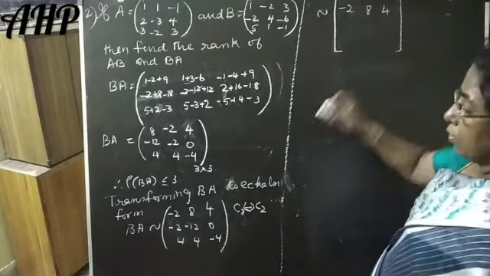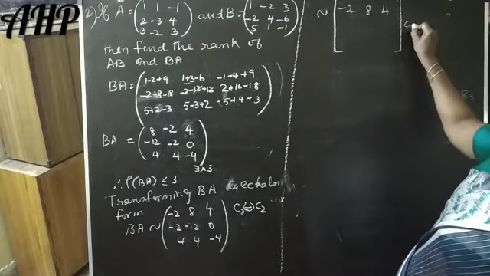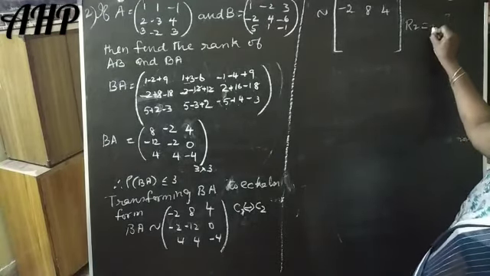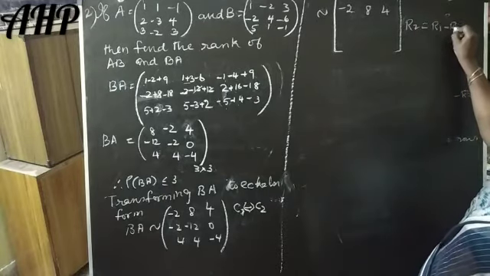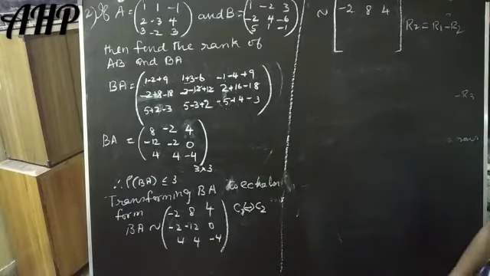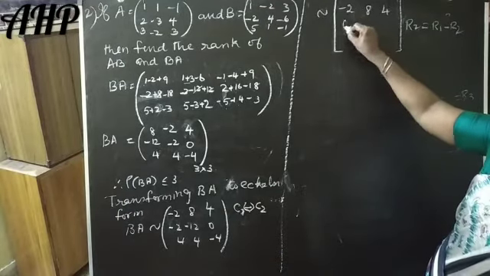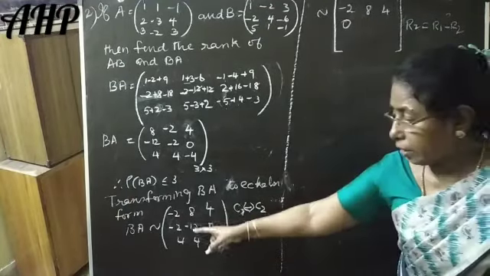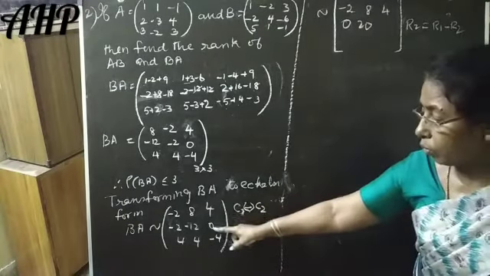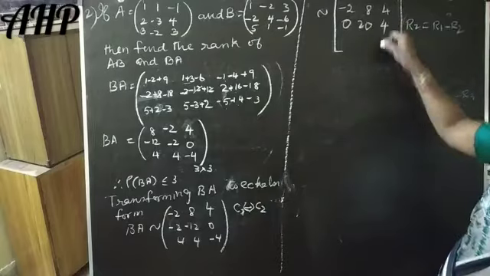You can subtract the rows, R2 is equal to R1 minus R2. If you subtract the second row from the first row, minus 2 minus of minus 2 gives you 0. 8 plus 12 gives you 20. 4 minus 0 going to give you 4.